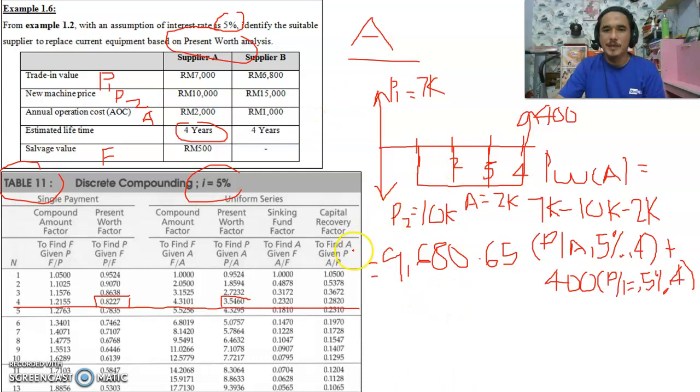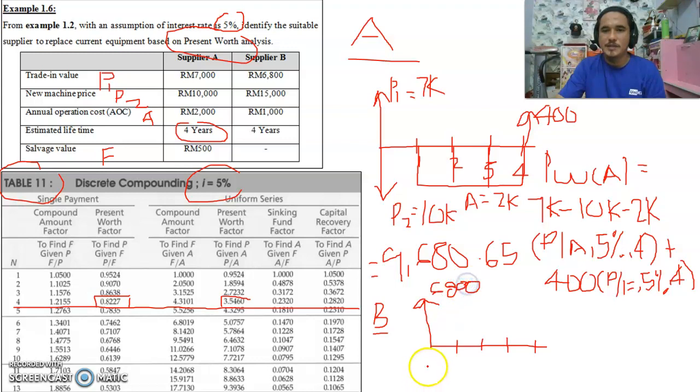So what about B? Same steps. For B, we have 4 years: 1, 2, 3, 4. The trade-in value is 6,800.